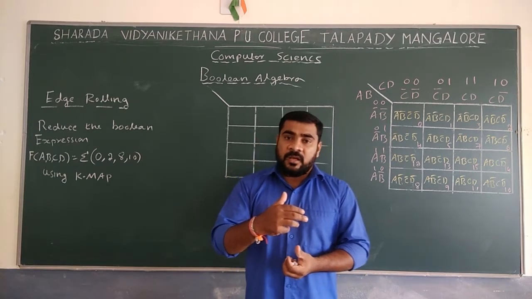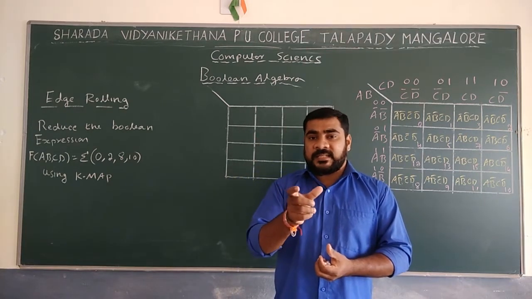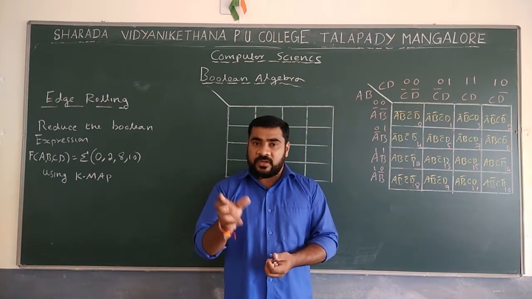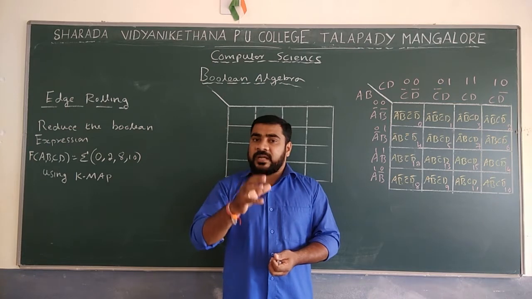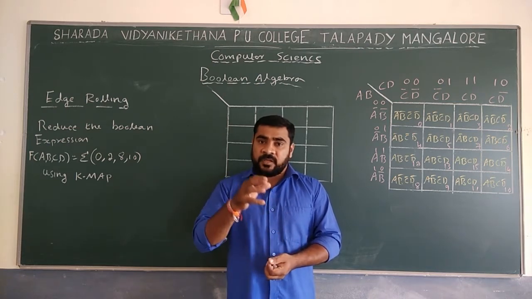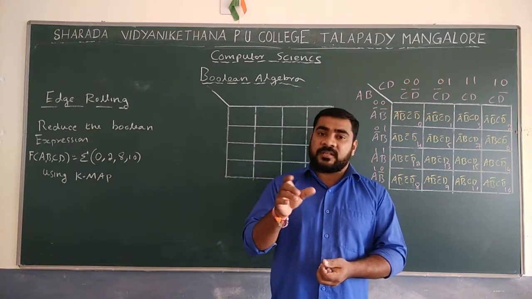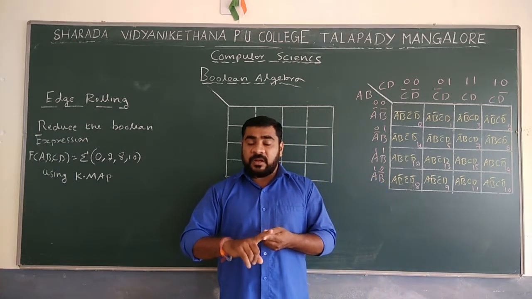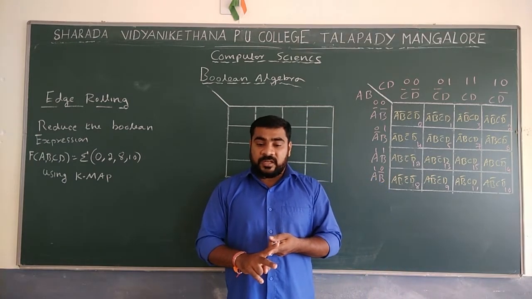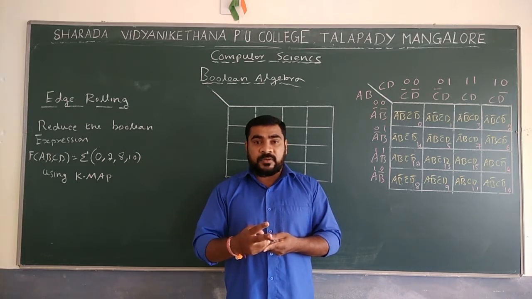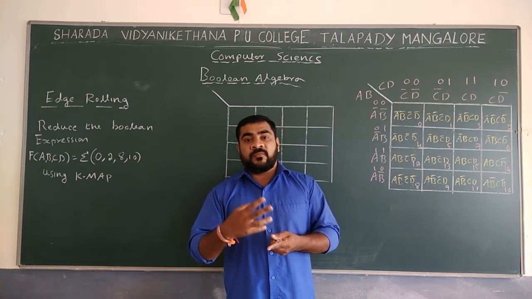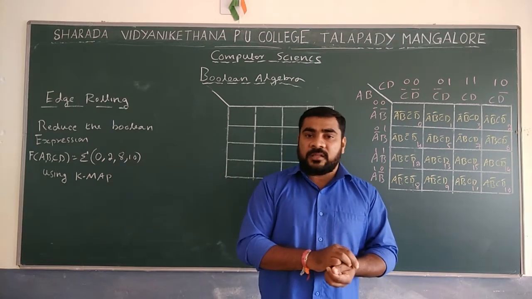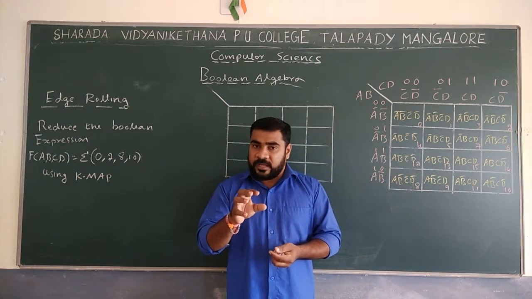The first one is grouping the pair. Whenever 2 adjacent cells are there, that is possible to do. That is one method of reducing, by using the pair. If you want to reduce a Boolean expression in a K-map, first you have to check the total number of variables. Then the next step is to create one K-map structure.